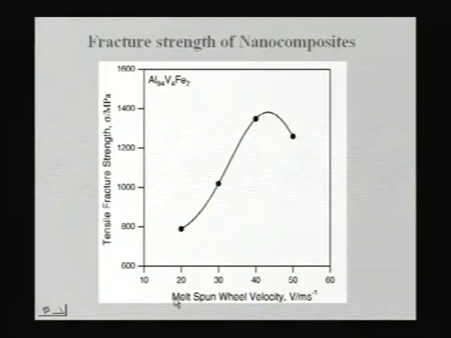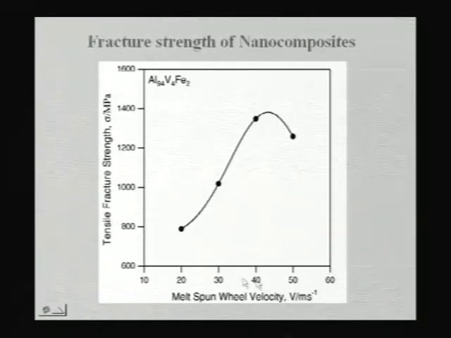You see here the tensile strength, tensile fracture strength as a function of speed of milling. You see at low speeds you get lower strength, basically because you have only aluminum plus quasicrystal here. As you keep on increasing, aluminum grain size is decreasing.